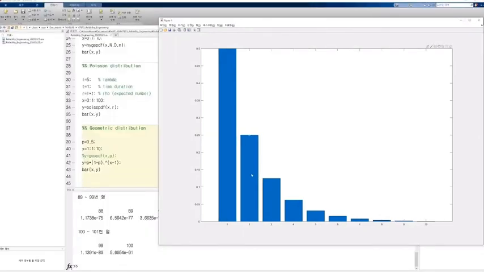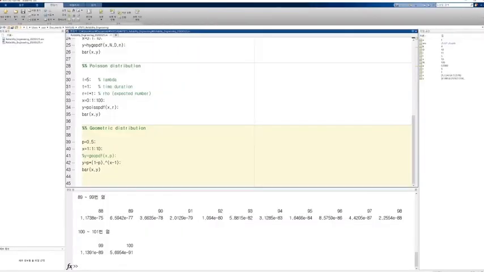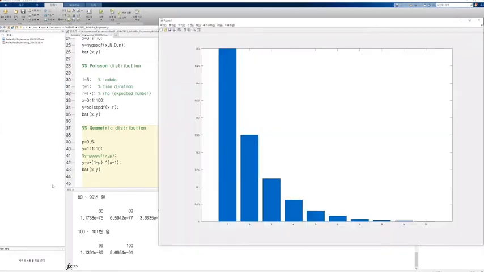So in this case, if we use the definition of geometric distribution in our textbook, and we develop our own function, then in the first trial the probability is 0.5, then the second trial, third trial, and so on.